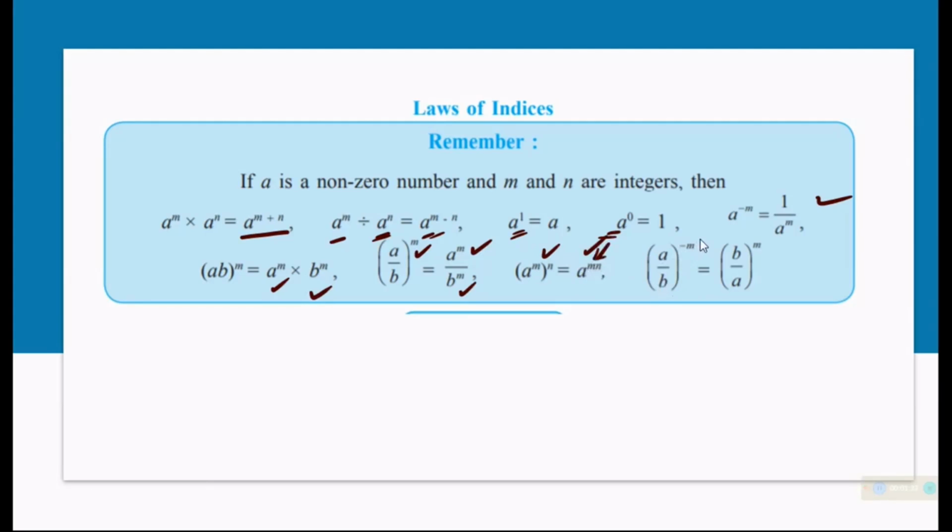And (a upon b) whole to the power of minus m is equal to b upon a, that is the multiplicative inverse, to the power of m.